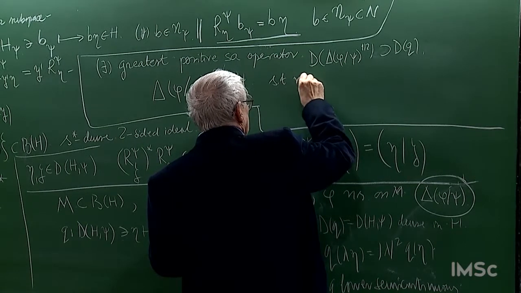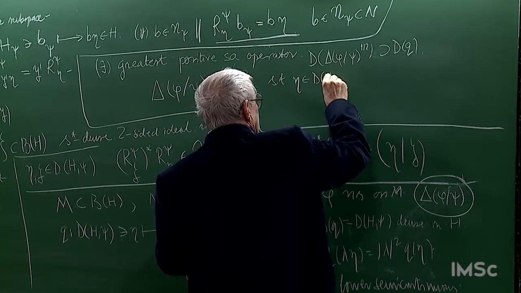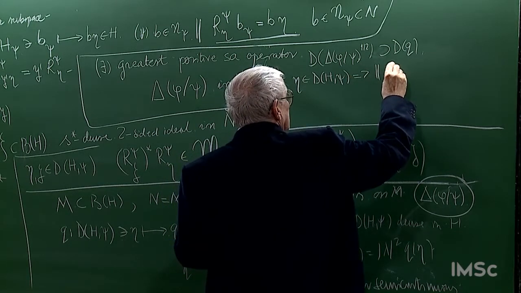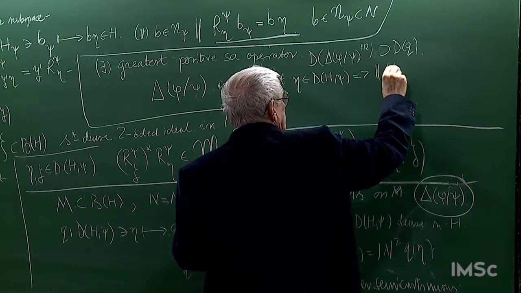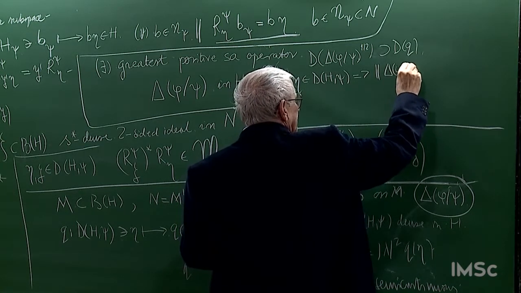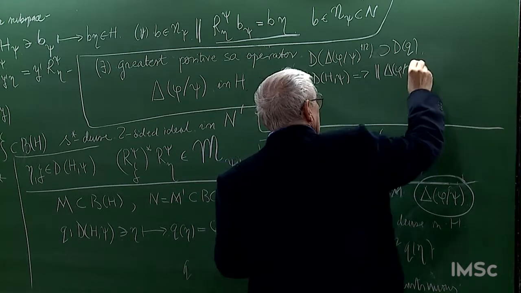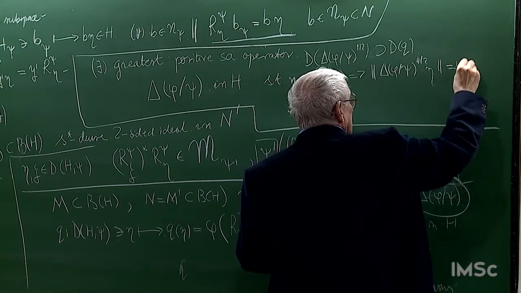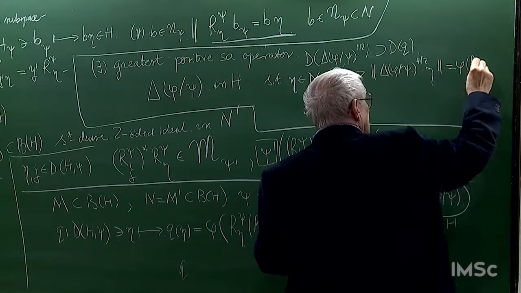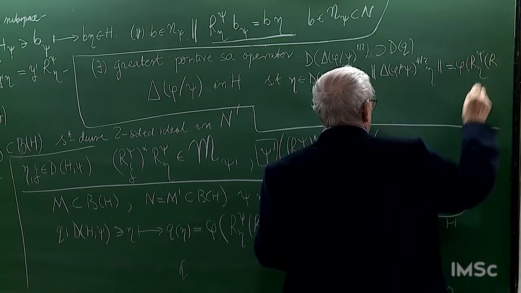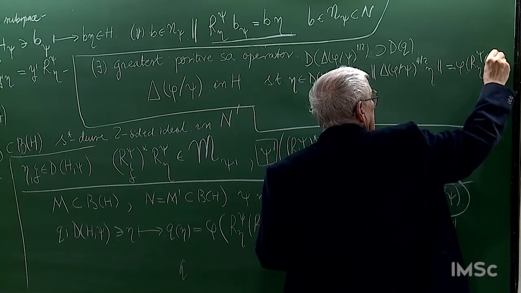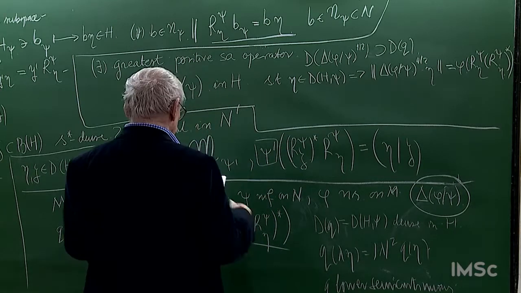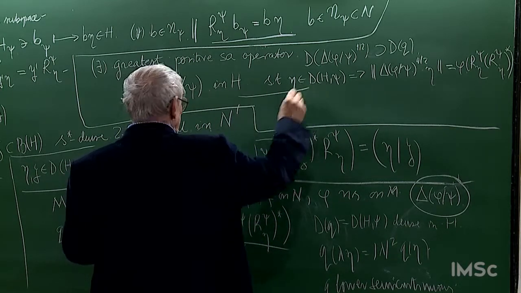If eta belongs to D(H, psi), then delta phi psi to the 1/2 of eta is equal to phi of r eta psi, r eta psi star. It's just this thing. And moreover, we have the following thing.